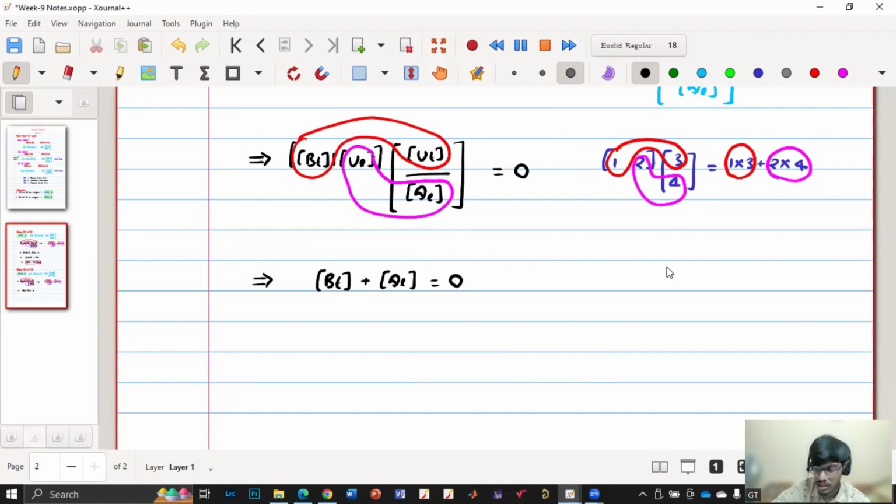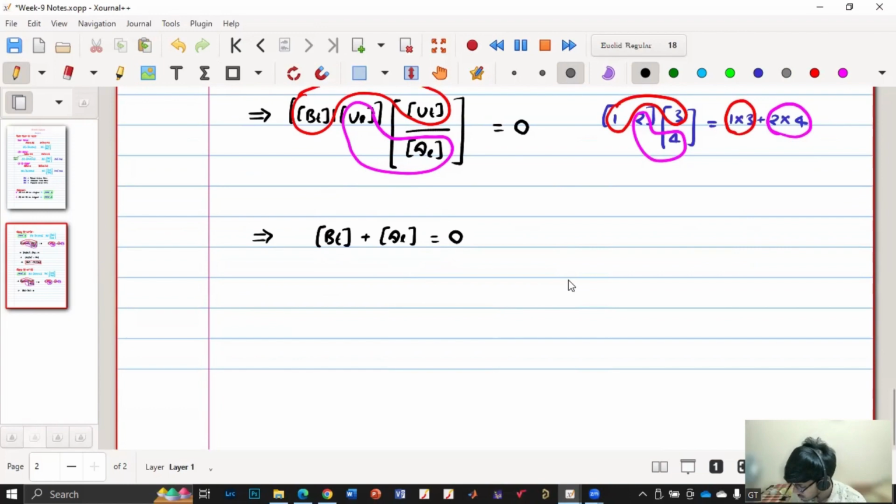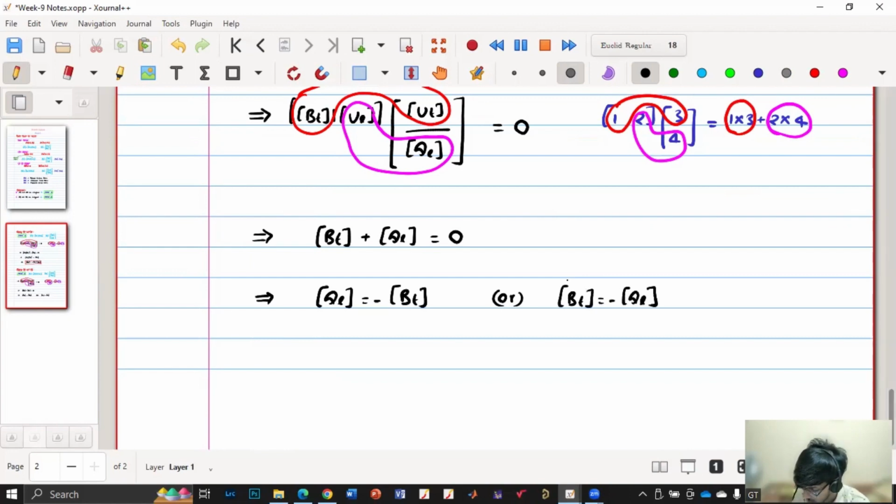So I'll be getting Q links is equals to minus B twigs, or B twigs is equals to minus Q links.